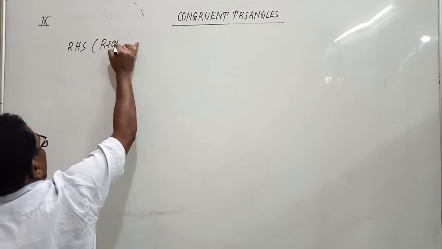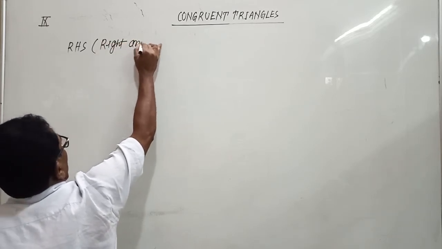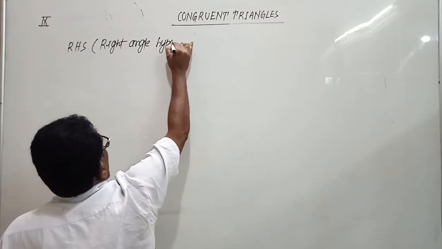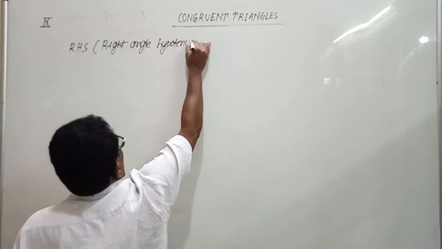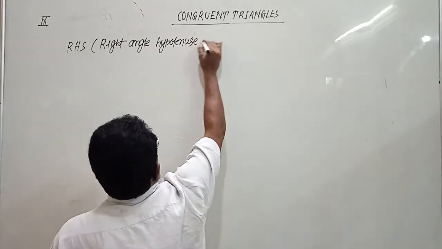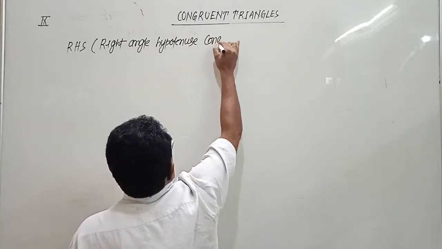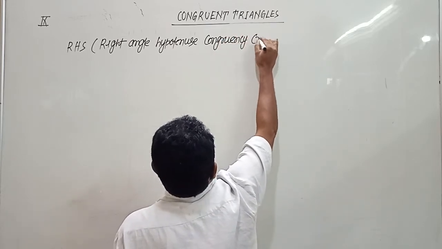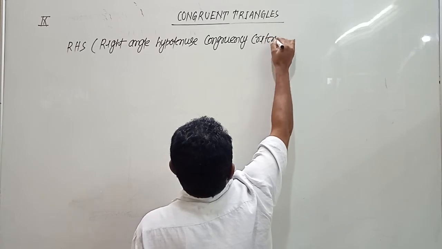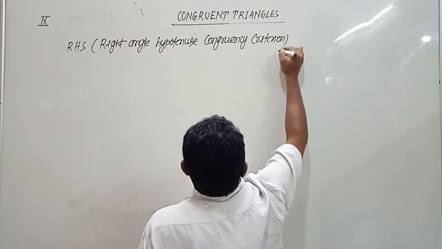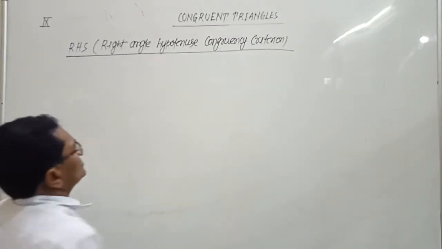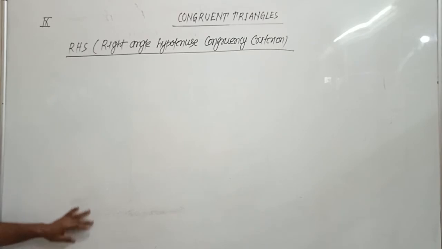This is the right angle hypotenuse congruency criterion.